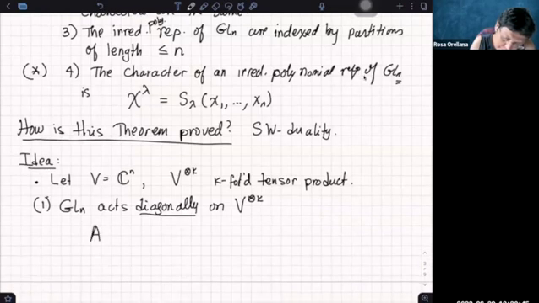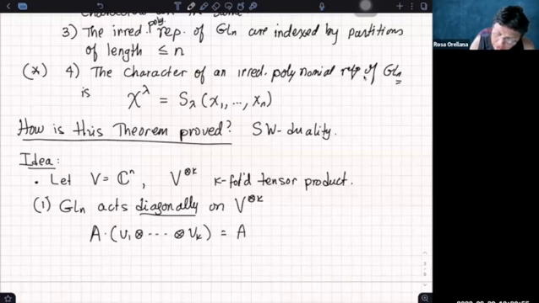It means that if you take an element A in GLN and you have V1 tensor through VK, you just do matrix multiplication on each of the components, if you like to think concretely. So it acts diagonally for any A in GLN.